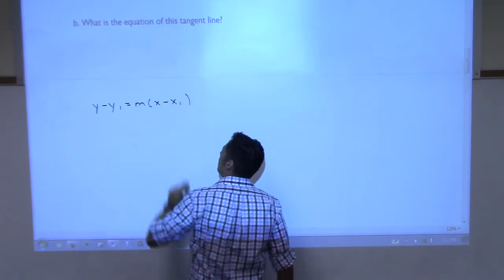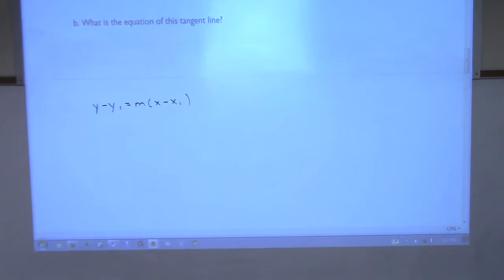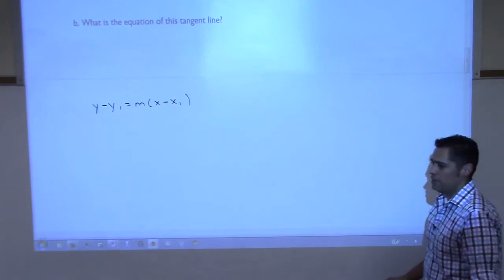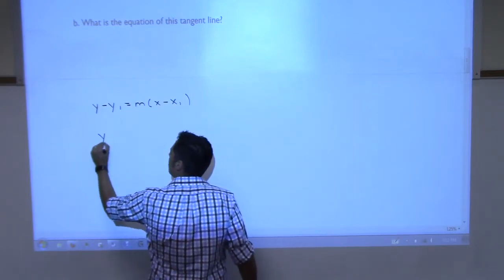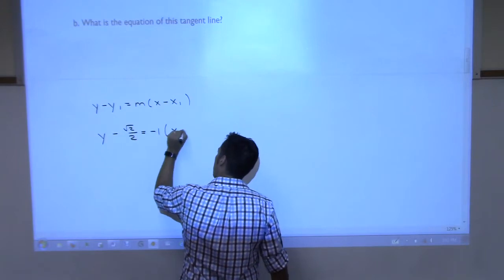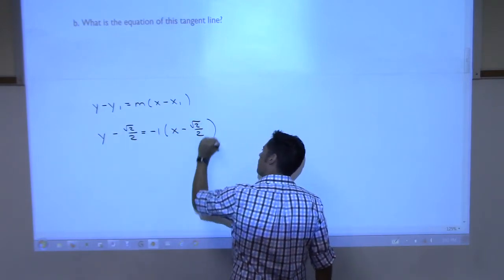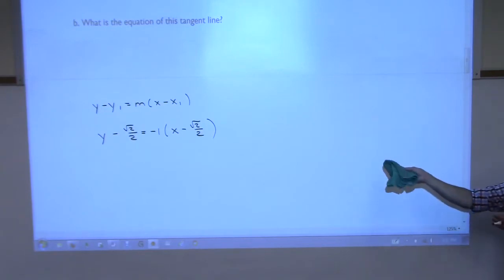Isn't that the formula we always use to find the equation of a line? We just need to know a point and the slope. And we know the point, right? It's root 2 over 2, root 2 over 2. And we know the slope is negative 1. So it'd look like this. That's it. That's the equation of the line. You could solve for y, but that is the equation of the line.